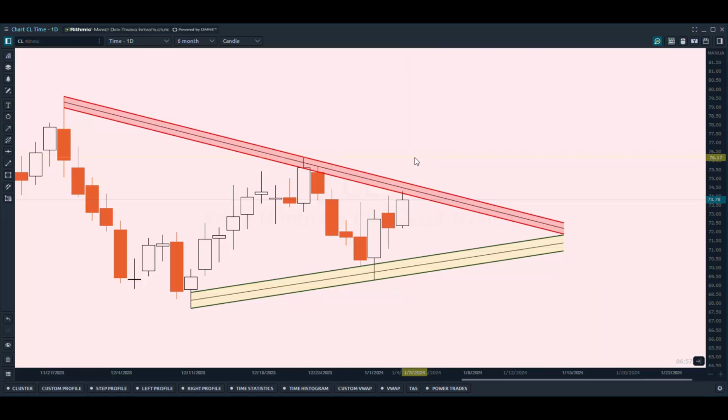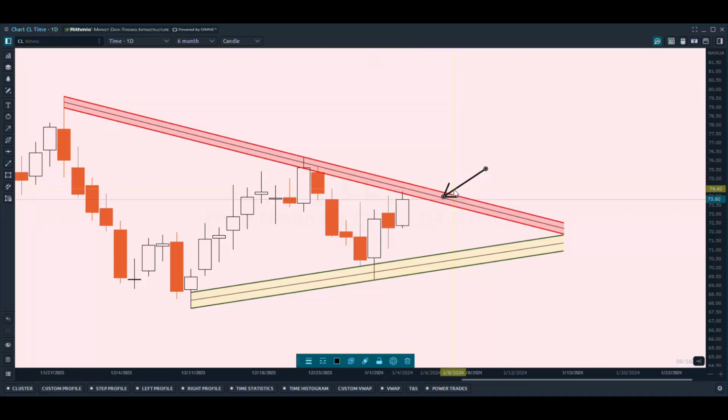So really the triggers for this are simply a move to the upside and a break above the top of the resistance zone. And remember, if you're using diagonal zones, this value is going to change every day, right? If it takes 5 days, then all of a sudden your breakout is going to be down here around 73.50. If we broke out today, your breakout would be around 74.70.